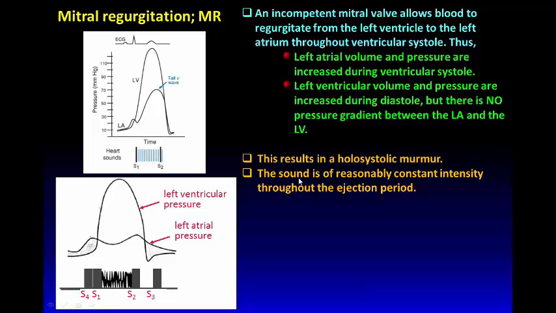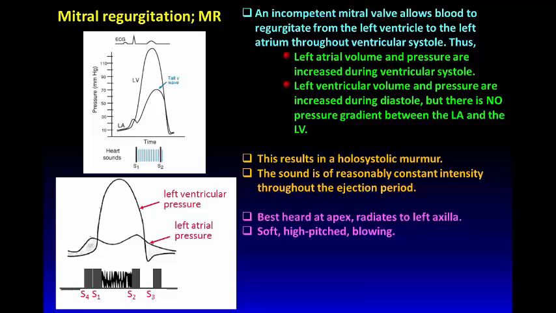The sound of the mitral regurgitation murmur is of reasonably constant intensity throughout the ejection period. So the murmur of mitral regurgitation sounds like lub-shh-dub, lub-shh-dub. It is best heard at the apex and it radiates to the axilla. It is a soft, high-pitched blowing murmur.